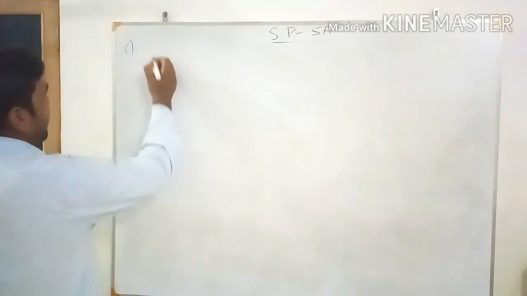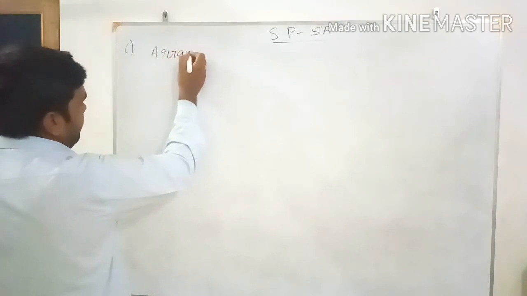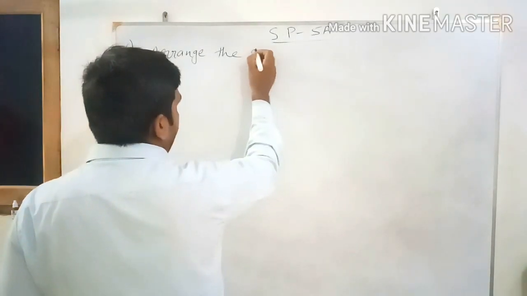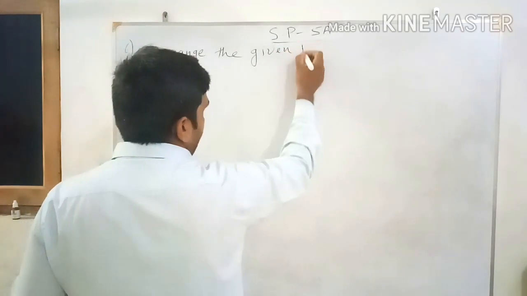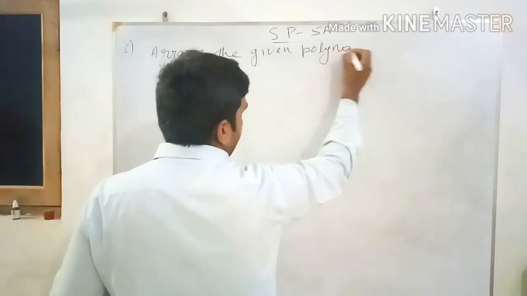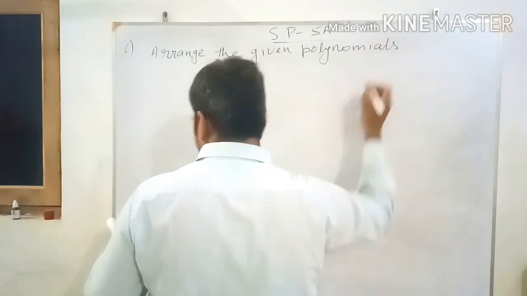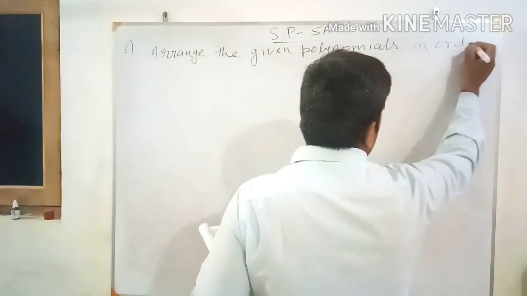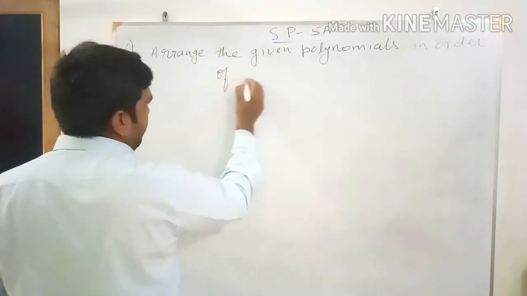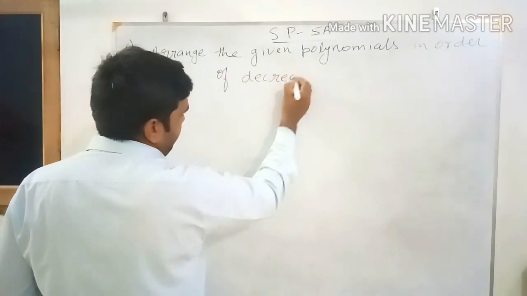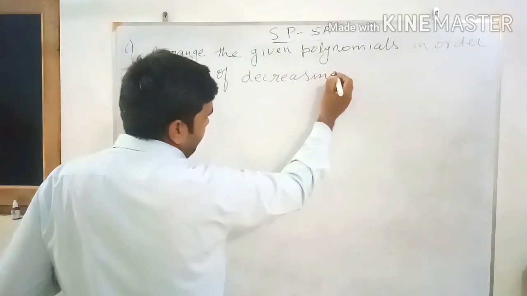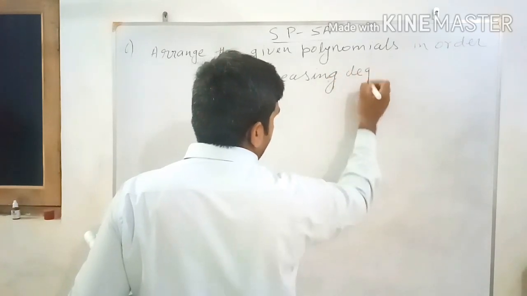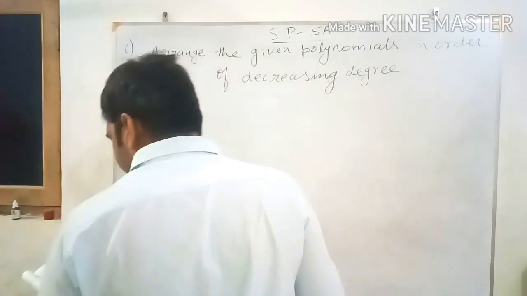So here is the question of the arrangement. Arrange the polynomials in order of decreasing degree in x.